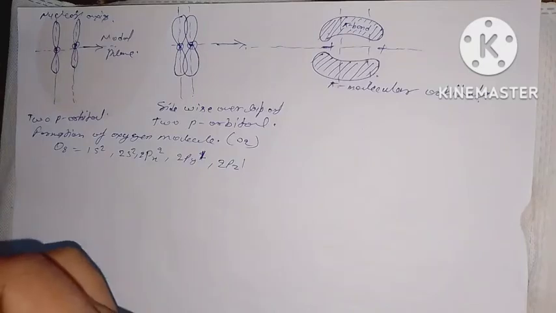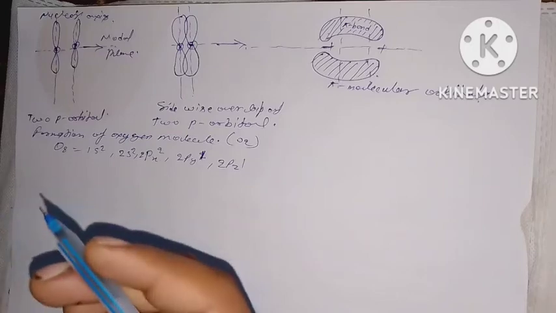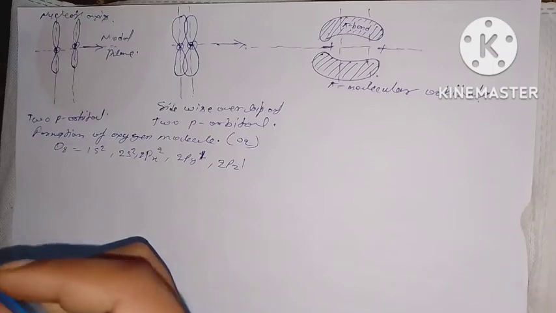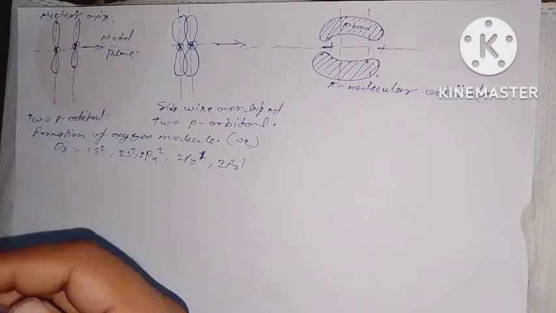When two oxygen atoms combine with each other, two p orbitals having unpaired electrons with opposite spins overlap.